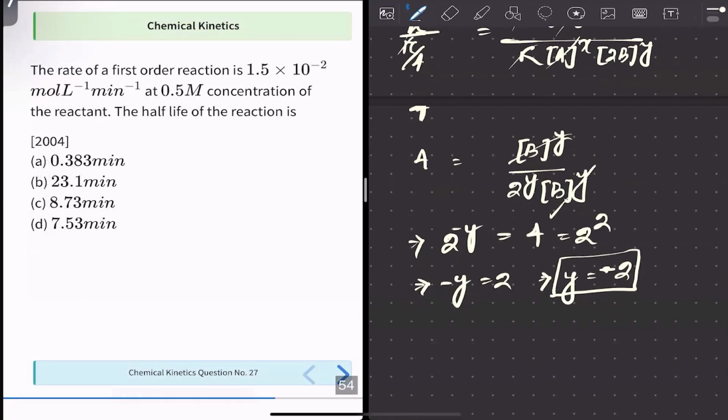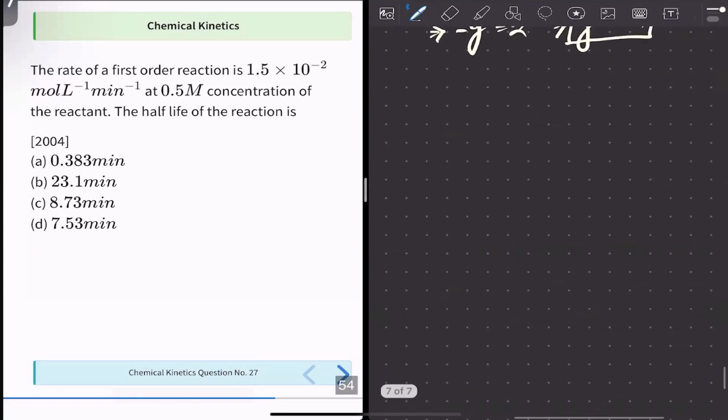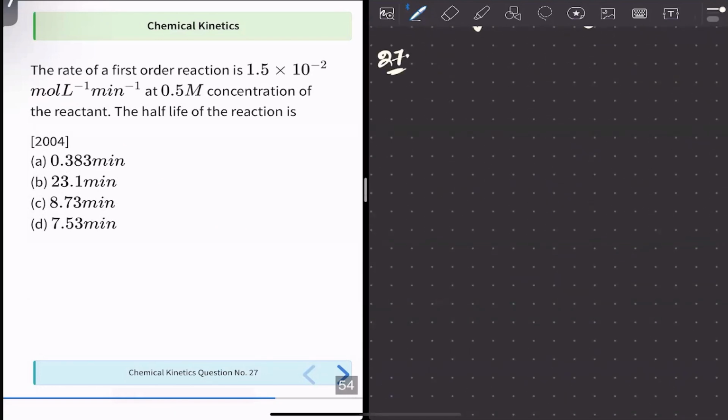Question number 27. The rate of a first order reaction is 1.5 into 10 to the power minus 2 mole per liter per minute at 0.5 molar concentration of the reactant. It is the same as question 25.